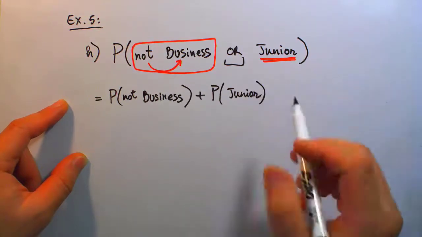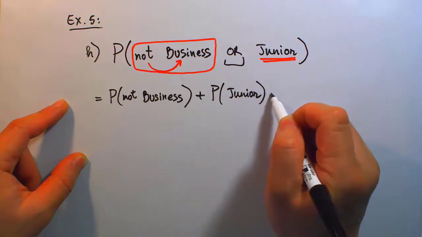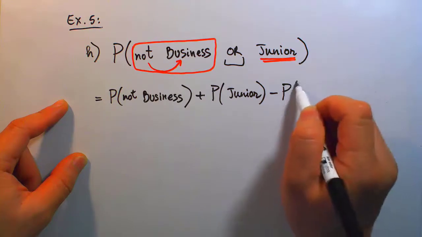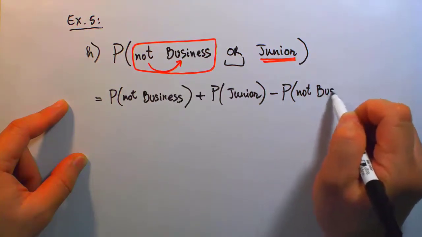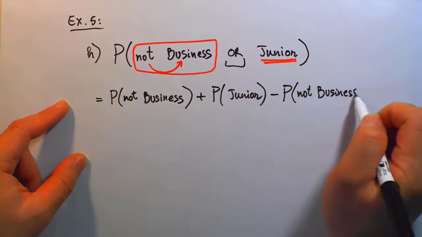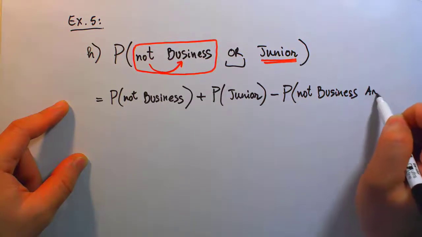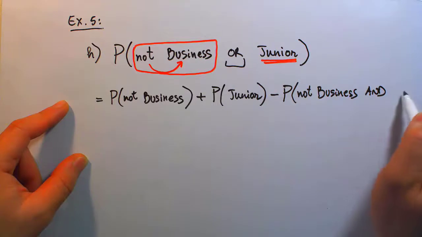And then the addition rule says we need to subtract out those being outside of the business major, not business, but at the same time being a junior.